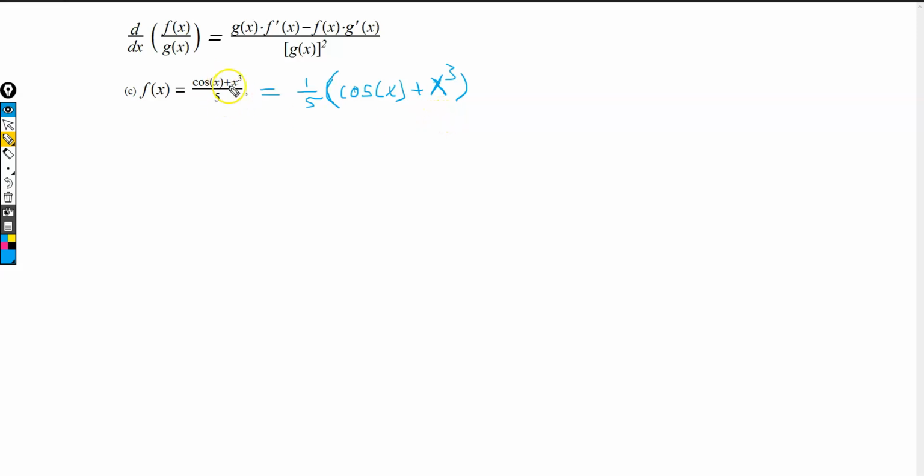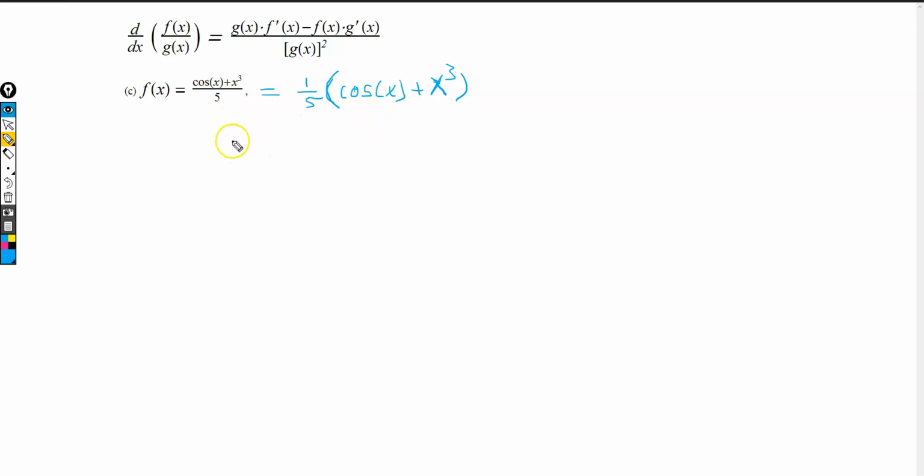So even though this function is written as the quotient of two terms, just recognize that because you have a constant in the denominator, you can actually pull that out and just treat it as a constant times the numerator, and then you don't have to use the quotient rule.